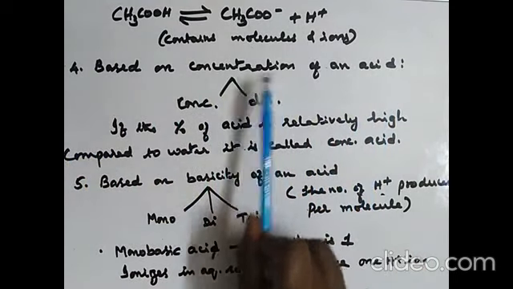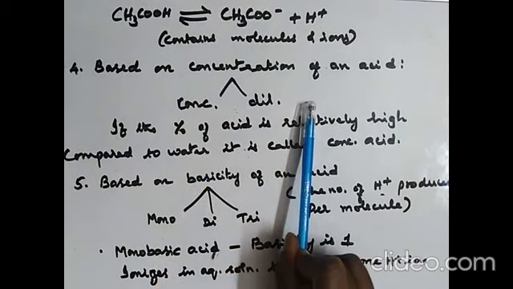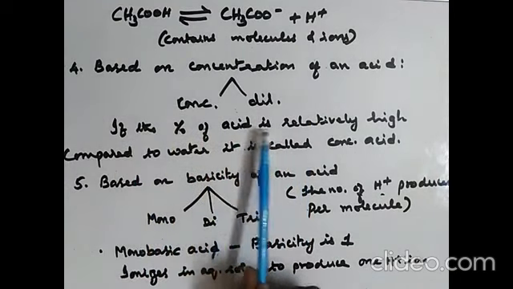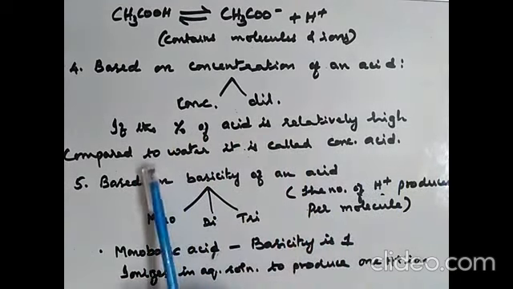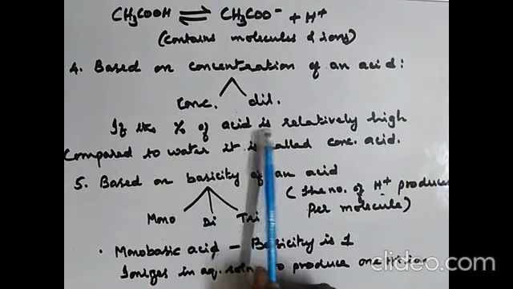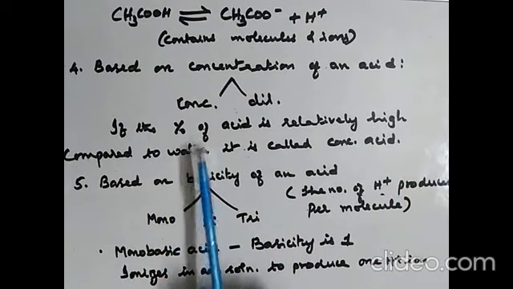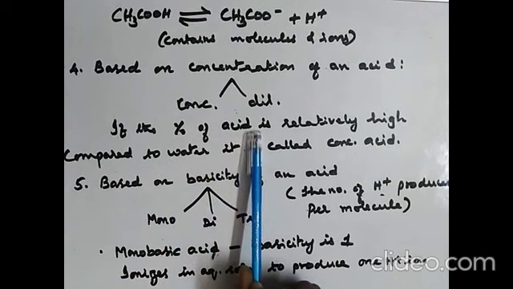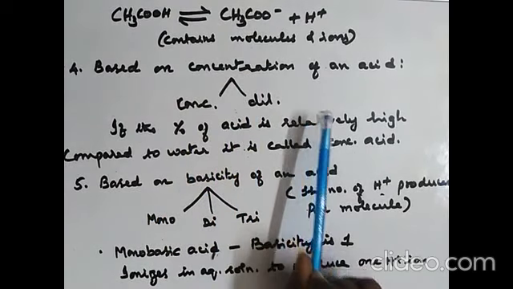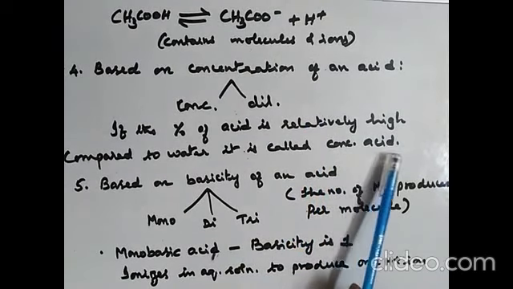Acids can be classified into concentrated acid and dilute acid. In concentrated acid the percentage of acid is relatively high compared to water, whereas in dilute acid the percentage of acid is relatively low compared to water. There is no particular example for this. Any acid can be concentrated or dilute.